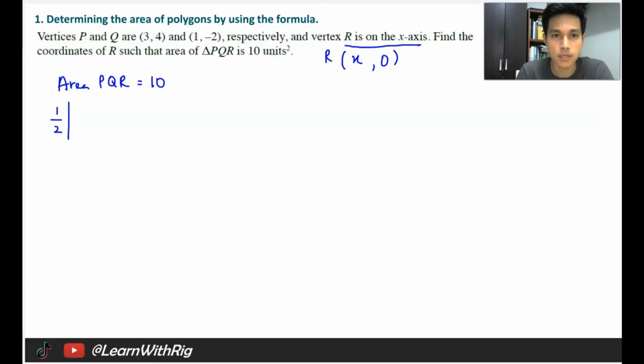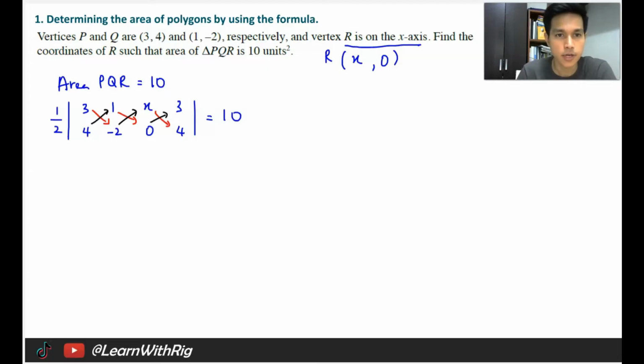So I'm going to key in all the coordinates again. So 3, 4, 1, negative 2. The R one, you're just going to put in x, 0. And then repeat the first one, 3, 4, equals to 10. Now you're going to do what we normally do, times downward, and after that, minus the multiplication going diagonally upward.